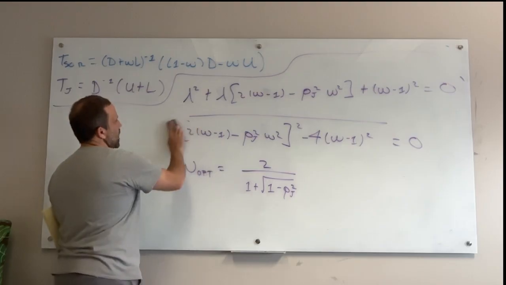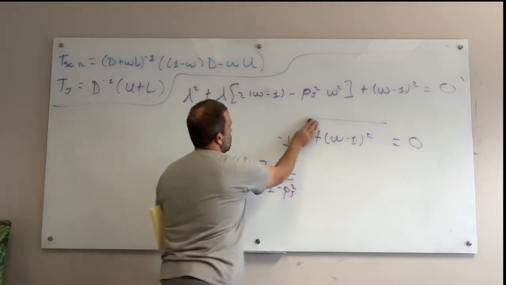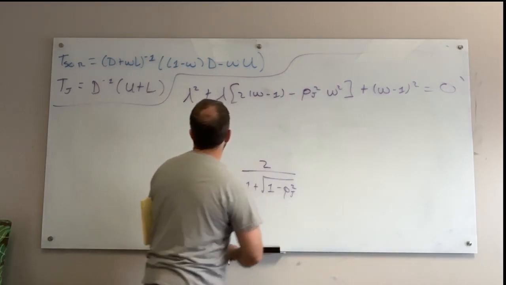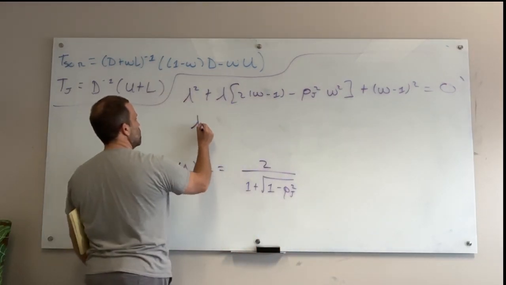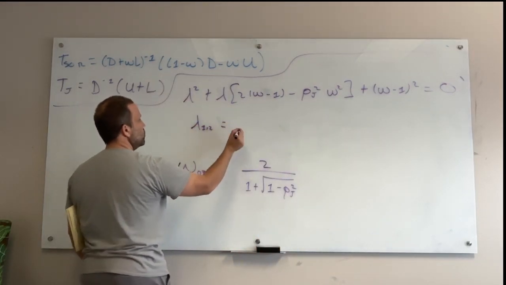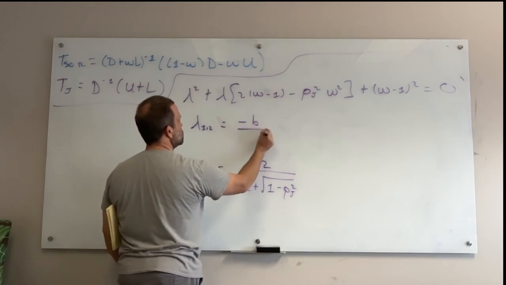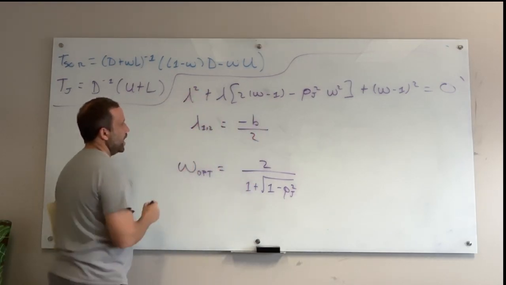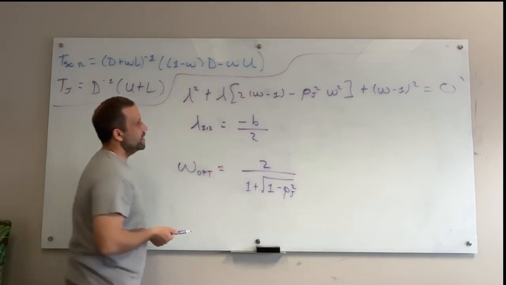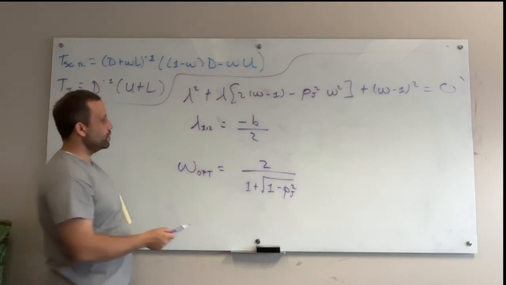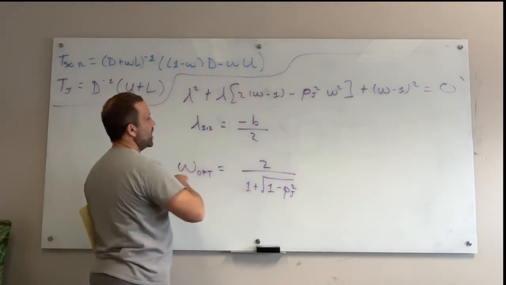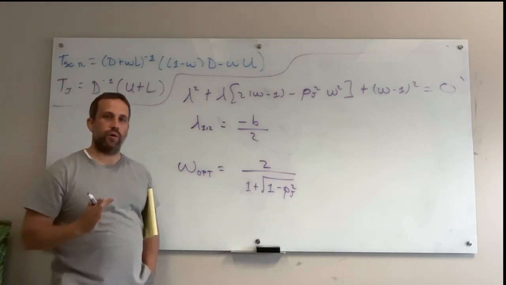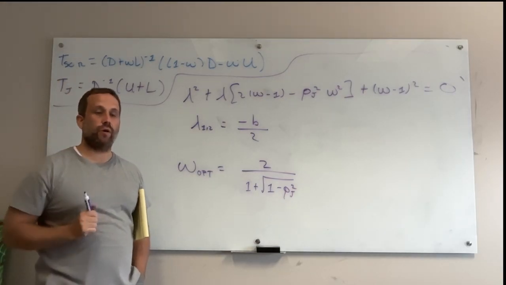So if we look at the quadratic formula, lambda 1 and 2 is going to be equal to minus b divided by 2 times a. And you can put this formula in for omega and compute what that lambda is going to be.